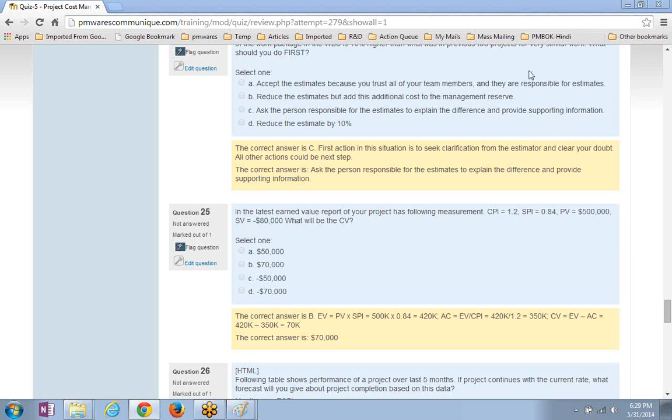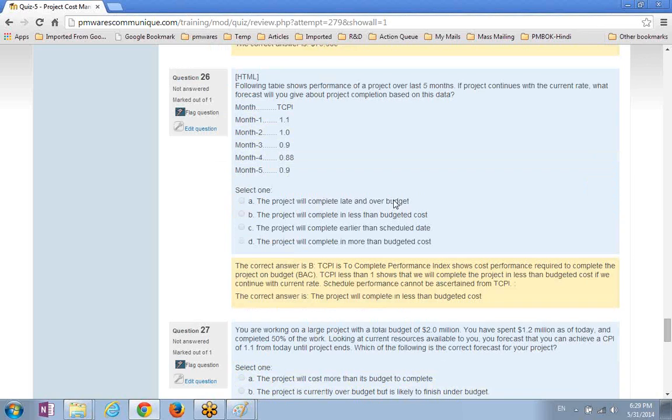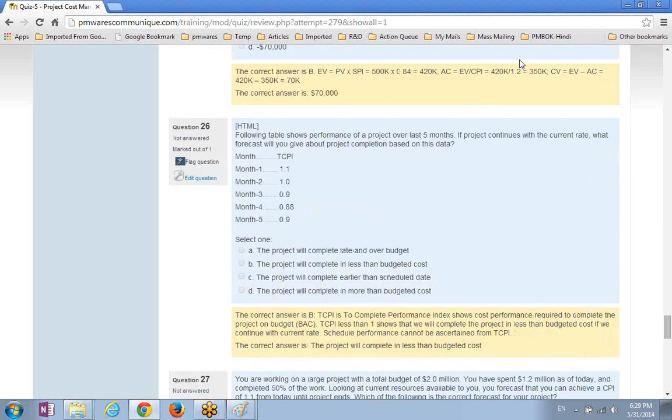Question number 26. The following table shows performance of a project over the last 5 months. If the project continues at the current rate, what forecast will you give about project completion based on this data?